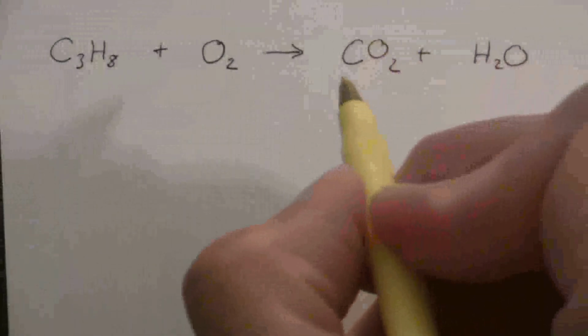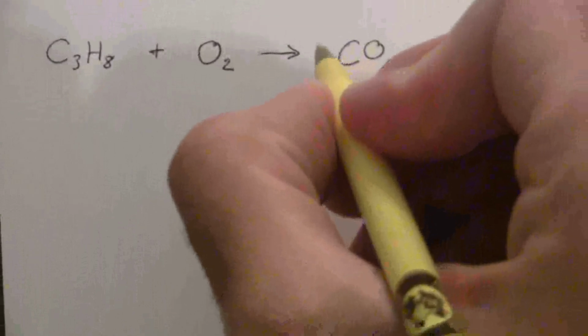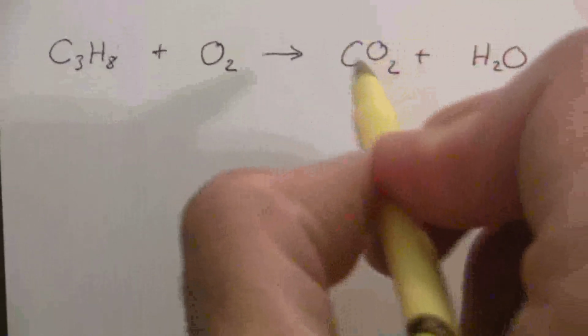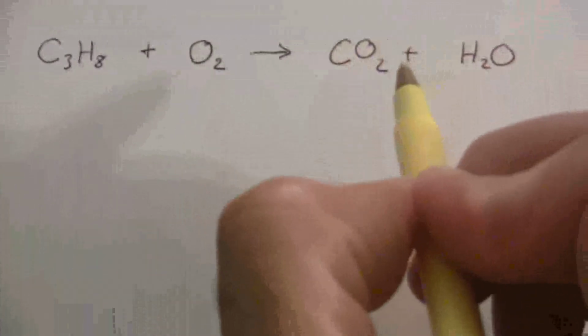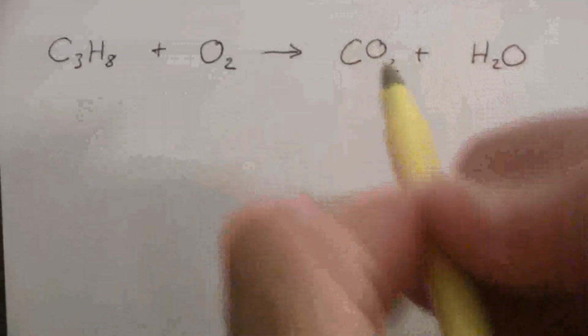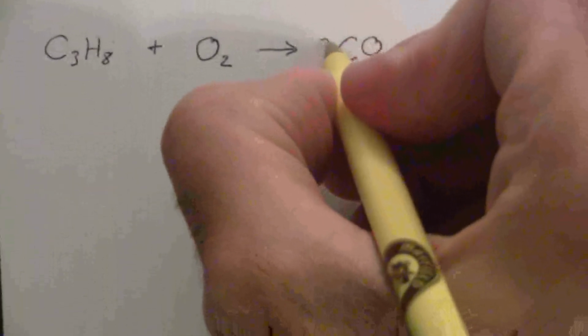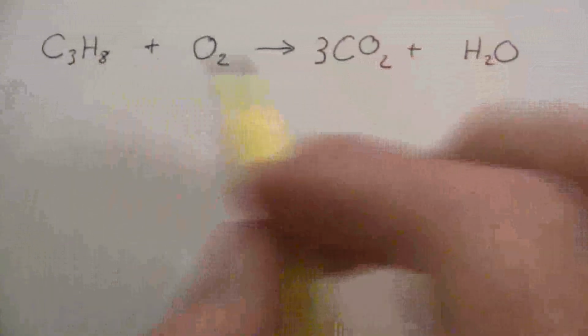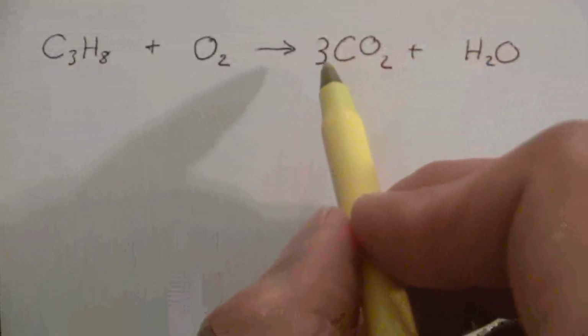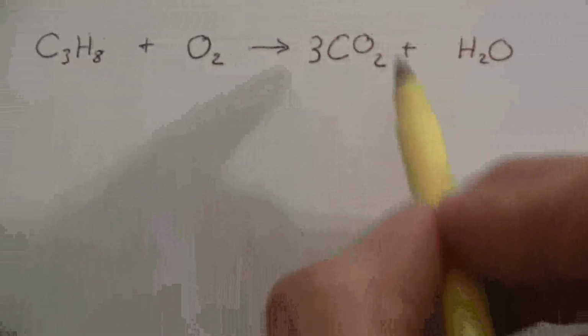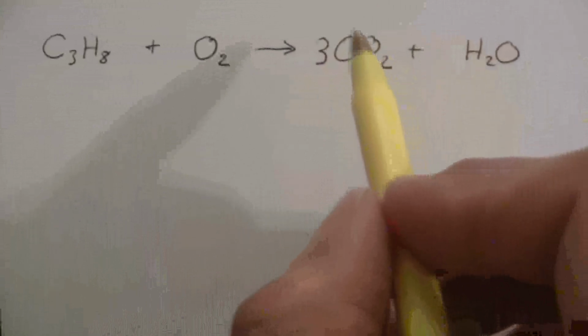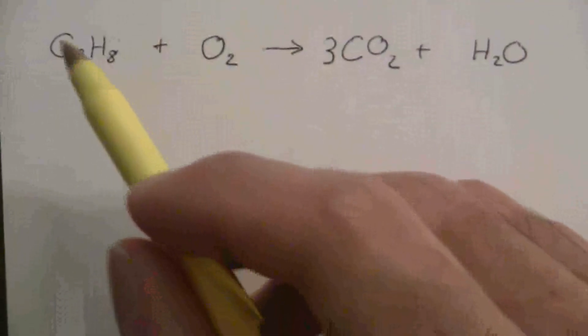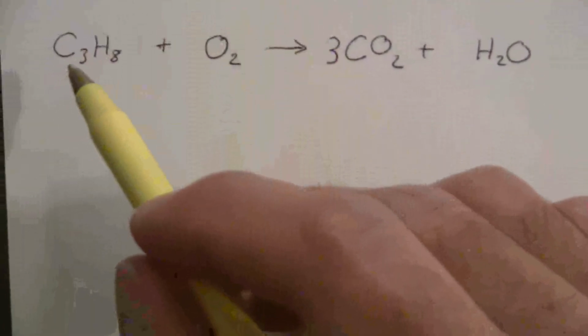So I have to make sure that I have all 3 of those. But I know it forms carbon dioxide, right? That's the substance. I can't change its formula. So I'm going to put a 3 in front, saying that I need 3 carbon dioxide molecules to account for those 3 carbon atoms that I started with.